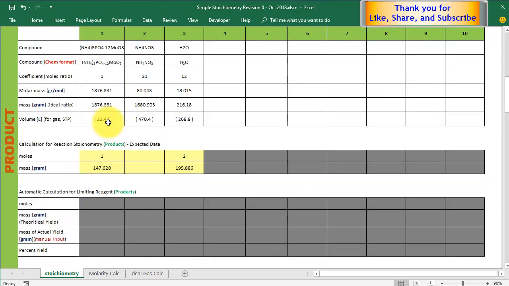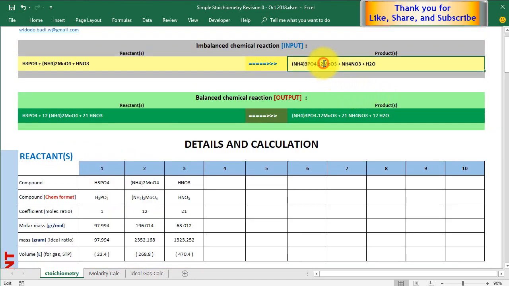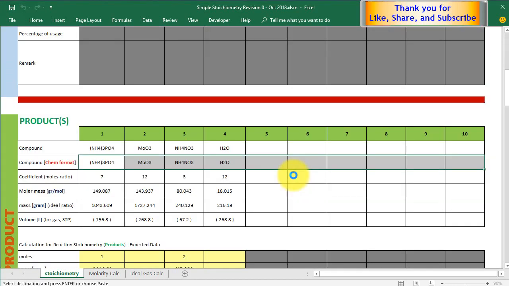So the coefficient must be balanced, and the coefficient of this compound is 12. Right? But if like this, it is a different thing. Yeah, enter. Sorry, until right, cancel.